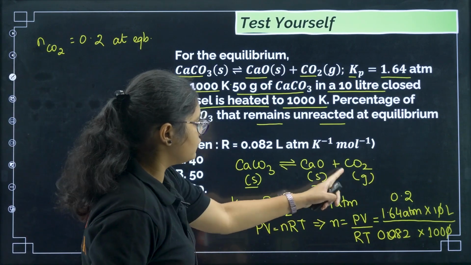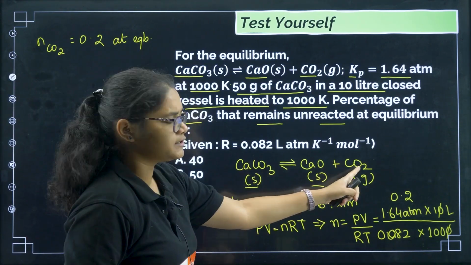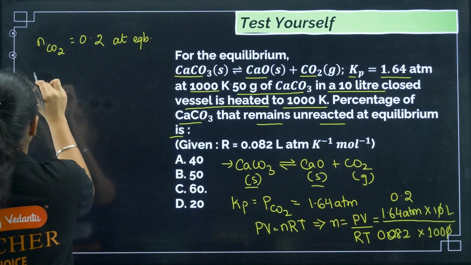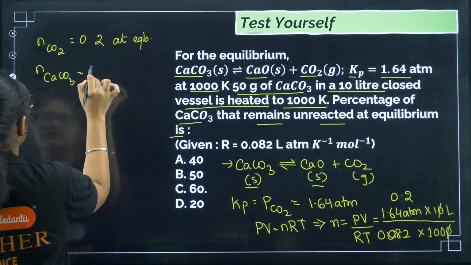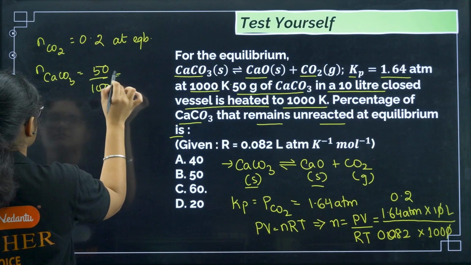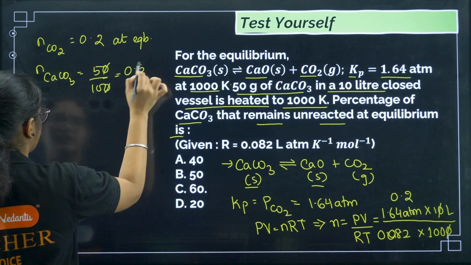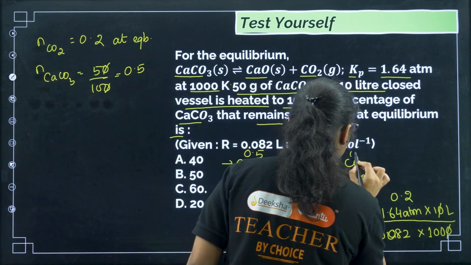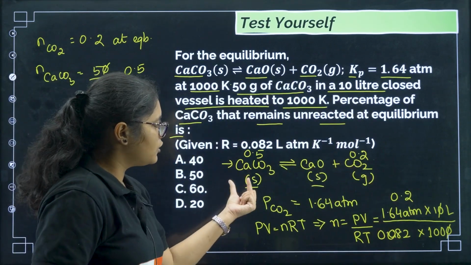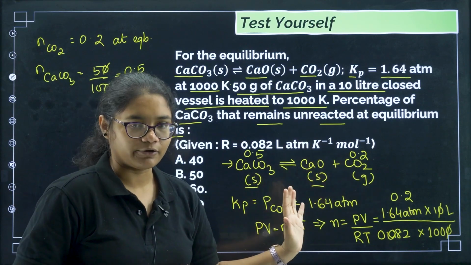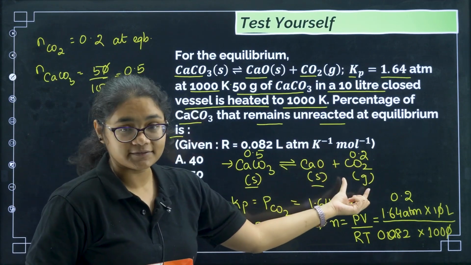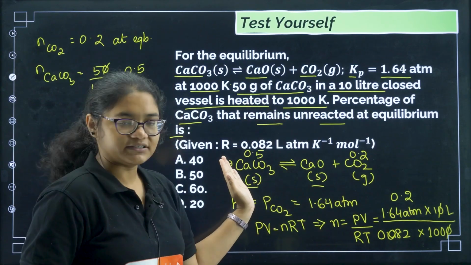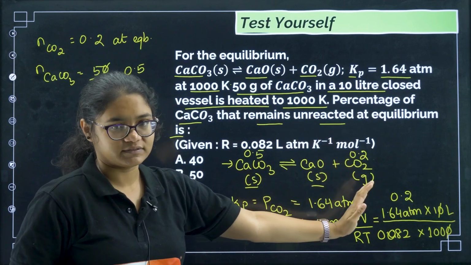So now 1 mole of CaCO3 is giving you 1 mole of CO2, and before that let us calculate the number of moles of CaCO3. Number of moles of CaCO3 is given mass by molar mass, right? So 50 by 100 is 0.5. So calcium carbonate was 0.5 initially, and after the reaction we found that carbon dioxide is 0.2. Now 1 mole of calcium carbonate is giving you 1 mole of carbon dioxide.